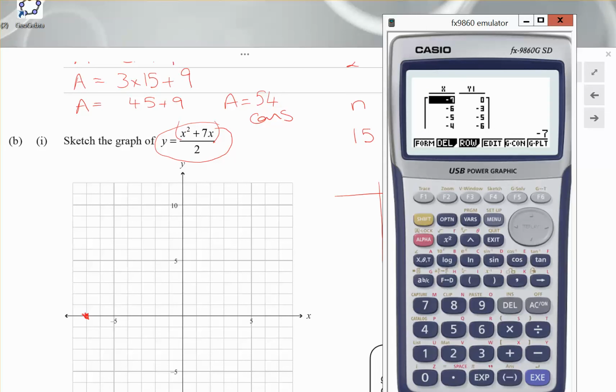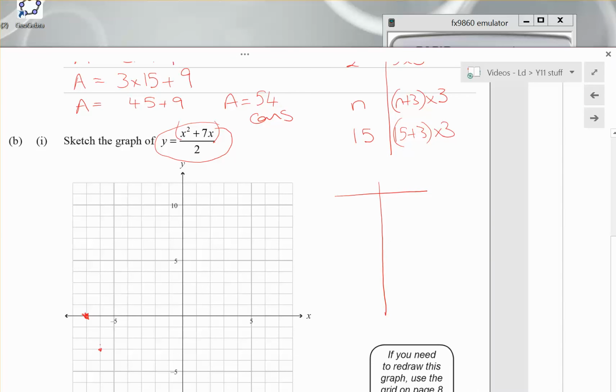Then what have I got? -6 is -3. And I'm getting these numbers from the calculator. We're starting to see the symmetry. And then I think it's 9.